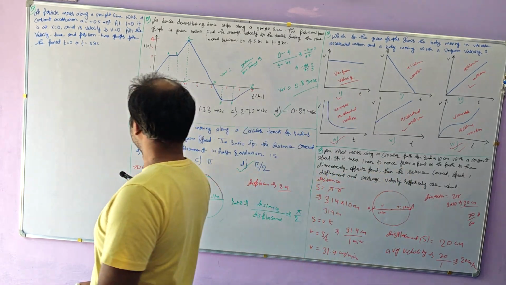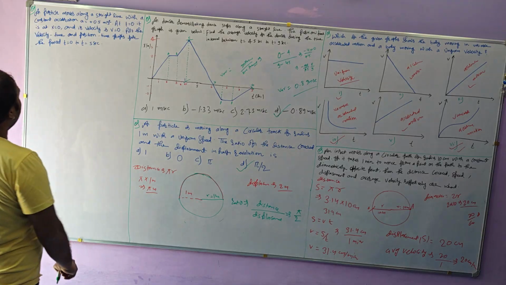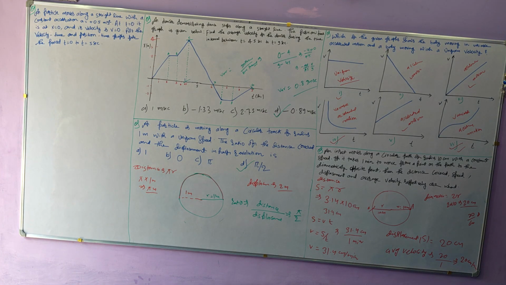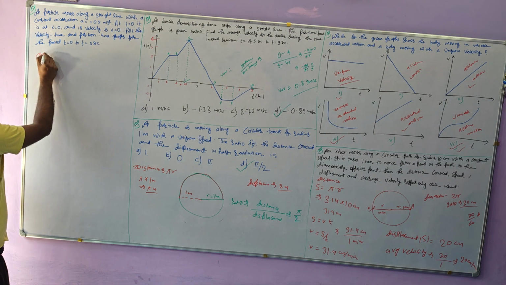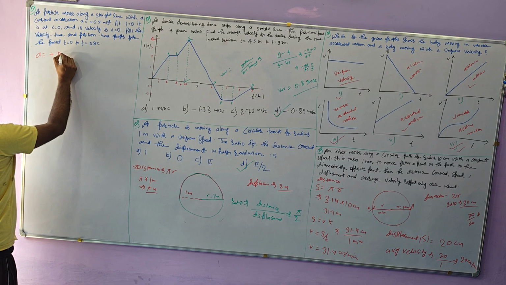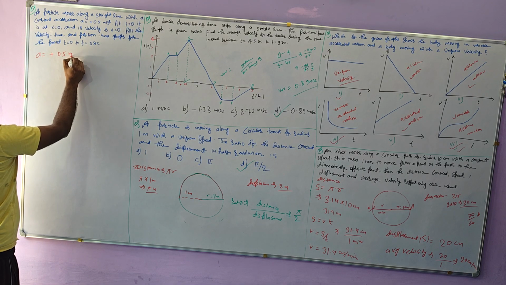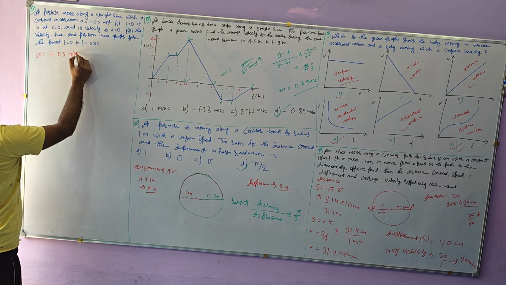Now in another question, a particle moves along a straight line with a constant acceleration a is equal to plus 0.5 meter per second square.